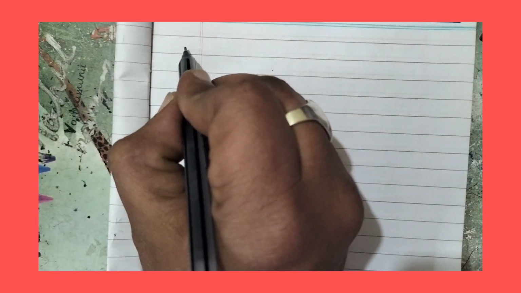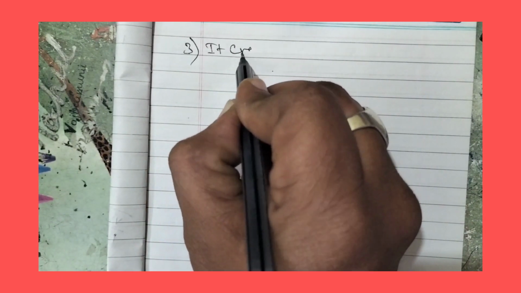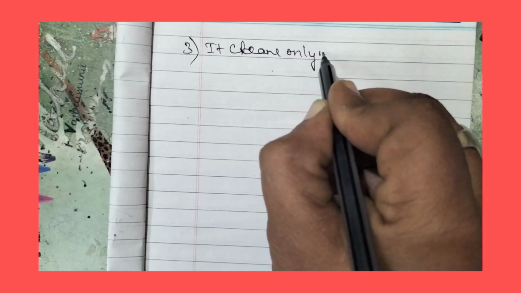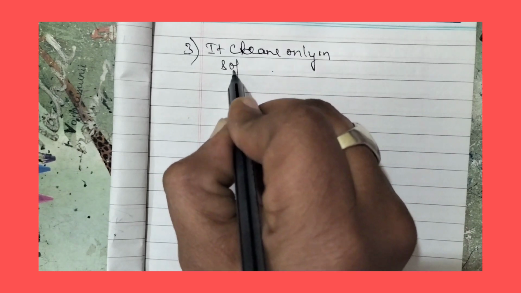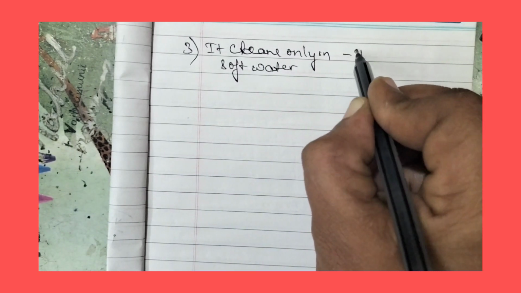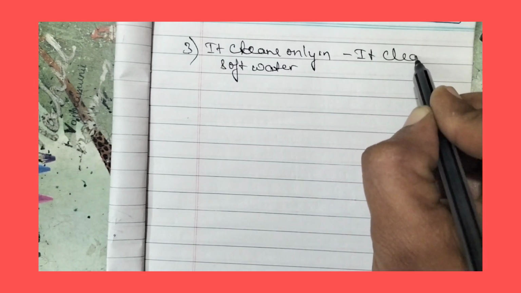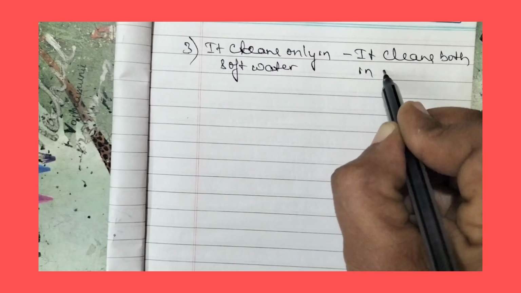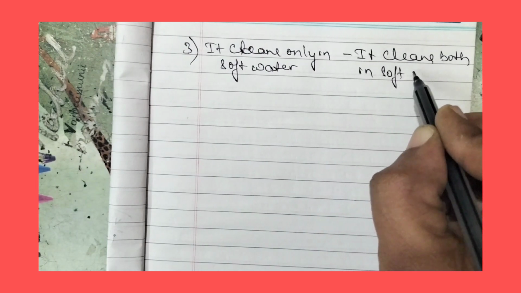Third difference between soaps and detergents: soap cleans only in soft water, while detergent cleans in both soft and hard water.